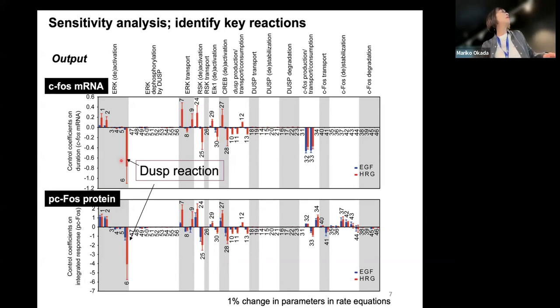And from this network, we found that DISP, which is important for the ARC activation, shows the highest sensitivity. So it means that manipulation of DISP is effective to manipulate the C-FOS output. We interpret the sensitivity analysis results in this way, and also validate by experiments.